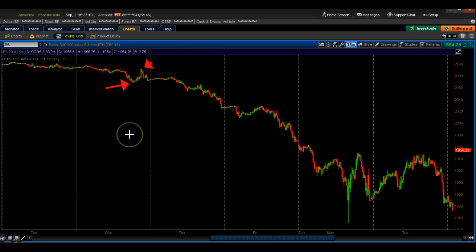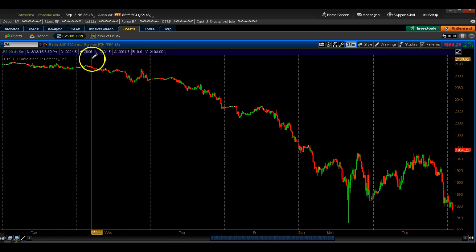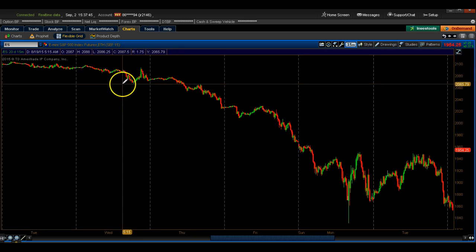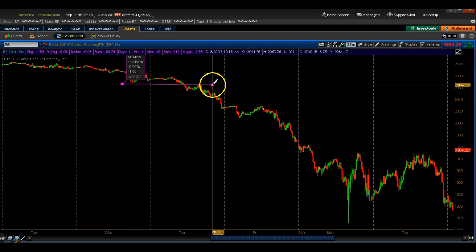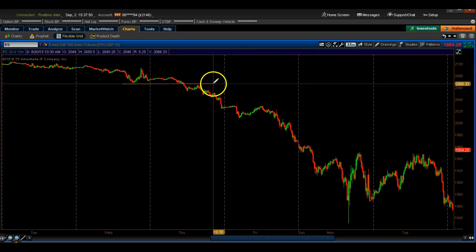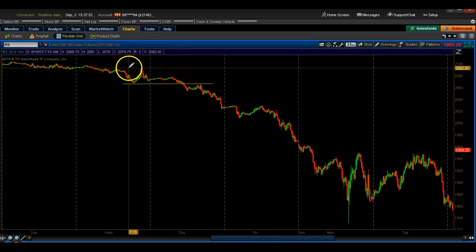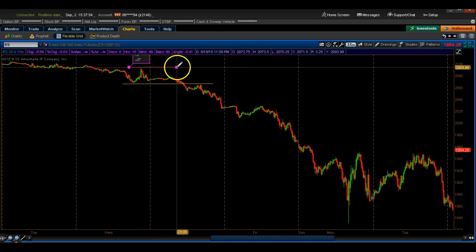So we now have two anchor points, okay? Then the second we break down, and let's do this. The second we break this level right here with price, we now have a defined high and a defined low.